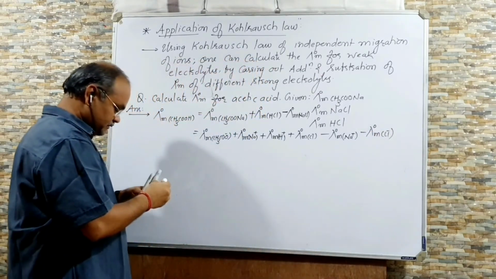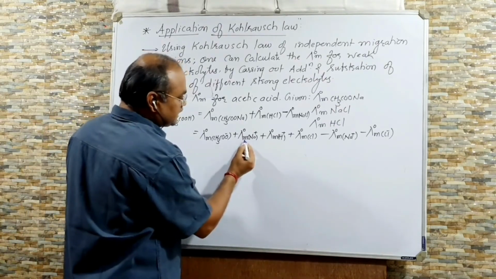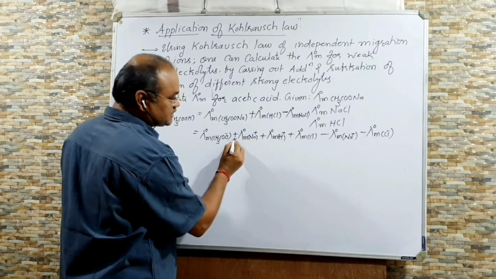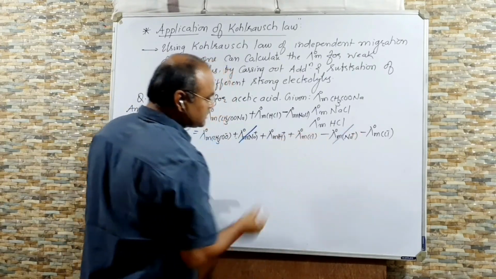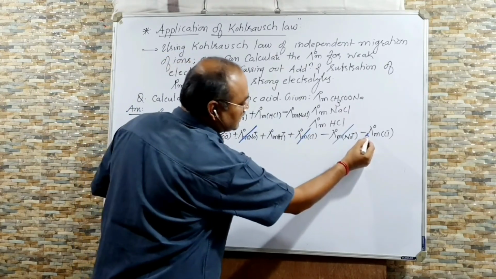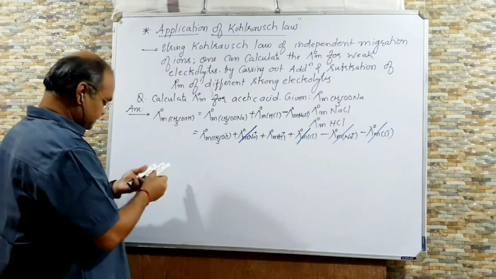Now you can see, this is lambda 0 m Na plus, which is plus, and this is minus, so it will be cancelled. In the same way, plus lambda 0 m Cl minus and minus lambda 0 m Cl minus will be cancelled. What is left?